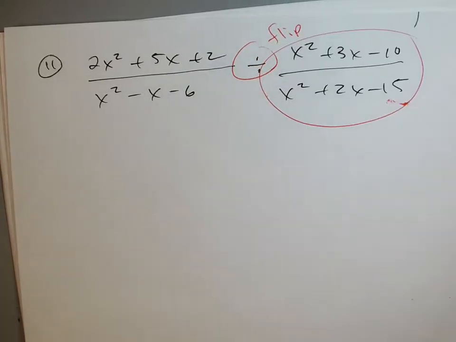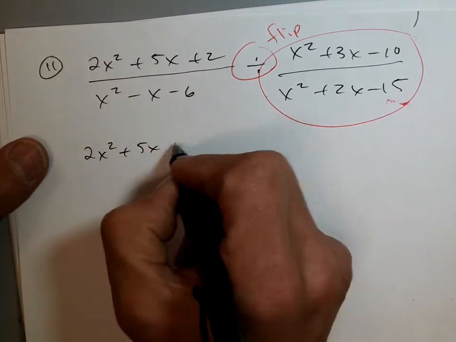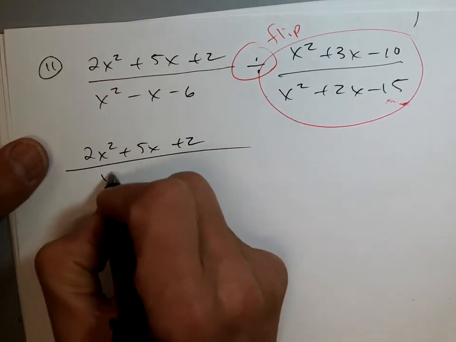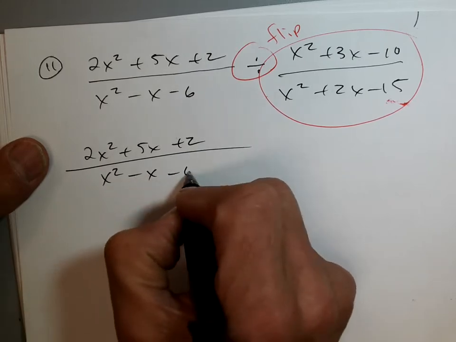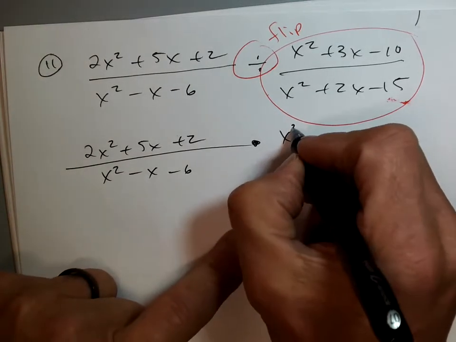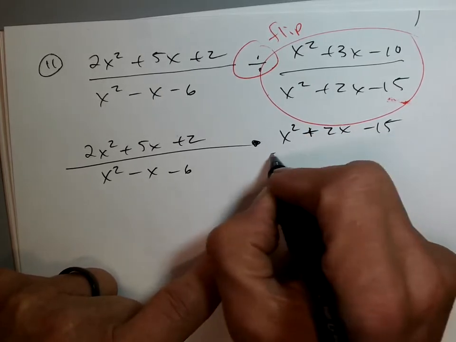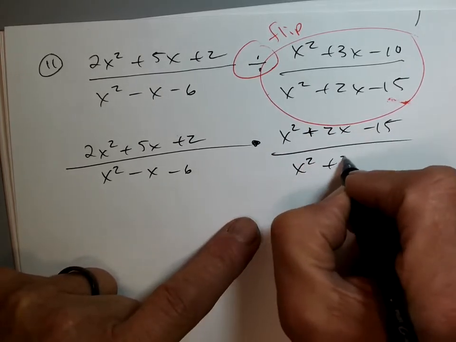So let's rewrite it. So we're going to go 2x squared plus 5x plus 2 over x squared minus x minus 6 times. Remember, 6th grade math, we invert and multiply. Okay, it's a big, ugly fraction, but when I'm done, hopefully we'll have a nice answer. So I flip this, x squared plus 2x minus 15 over x squared plus 3x minus 10.